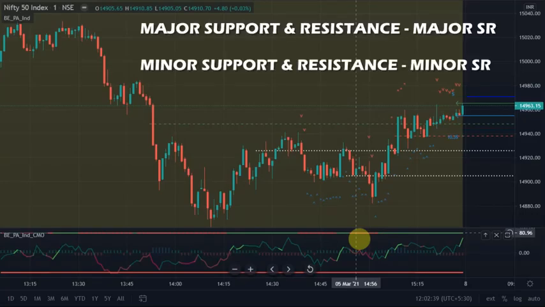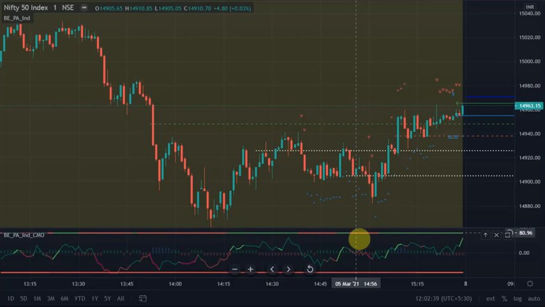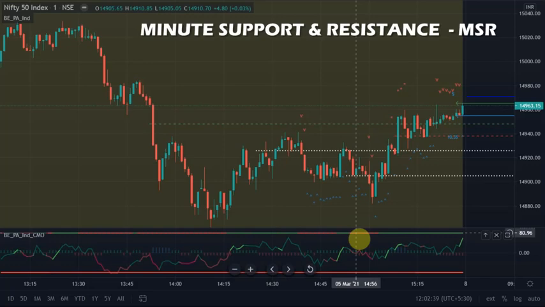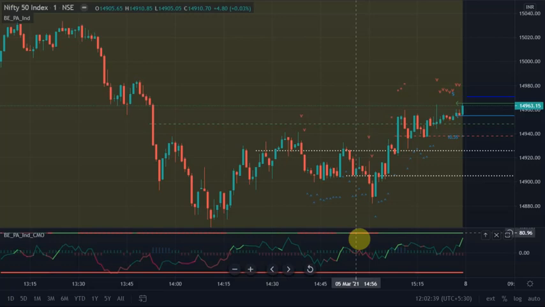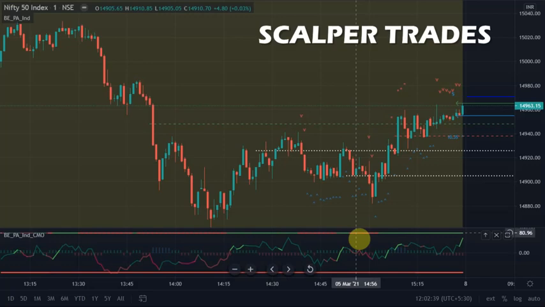Everyone would have heard about major and minor support and resistance lines, major and minor SR. But these blue and green lines act as minute support and resistance lines, MSR, which is a level lesser than the minor SR, indicating that the stock price is about to put a base foundation for the creation of the minor SR. MSR will help serious scalpers to get into and out of trades quickly.